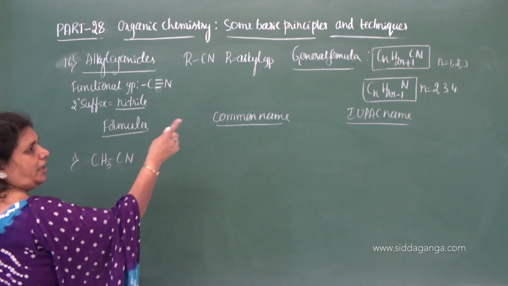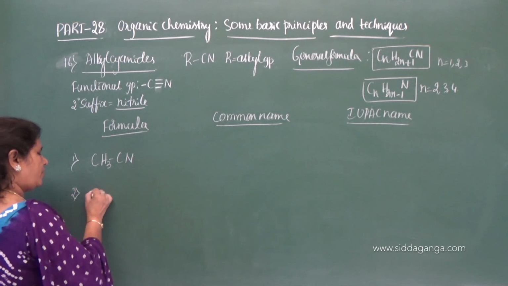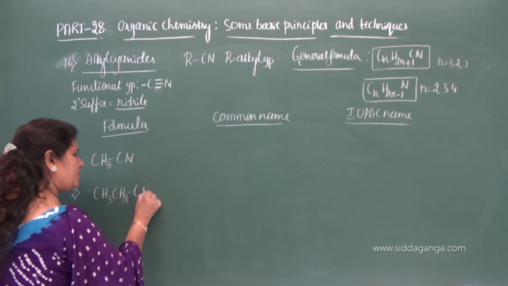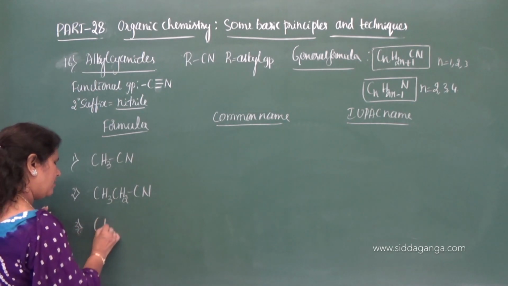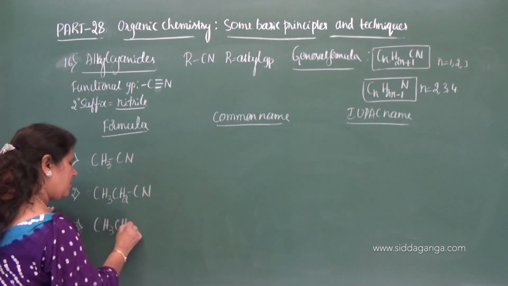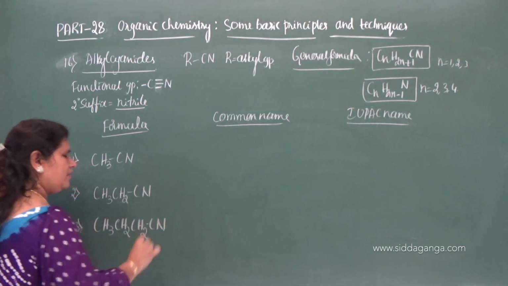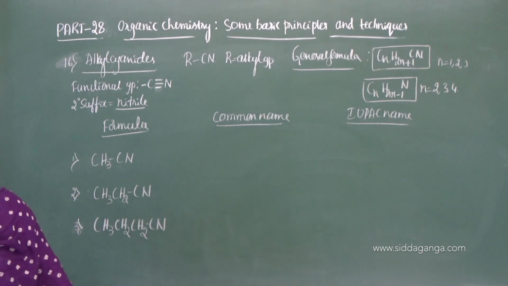CH3CN, n is equal to 1 in the general formula. Put n is equal to 2, what do you get? CH3CH2CN. Put n is equal to 3, then CH3CH2CH2CN. So methyl, ethyl and propyl groups you will get.